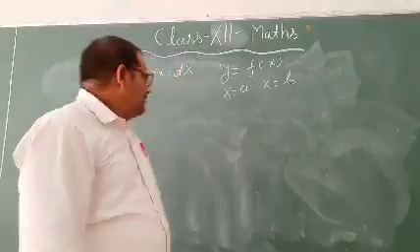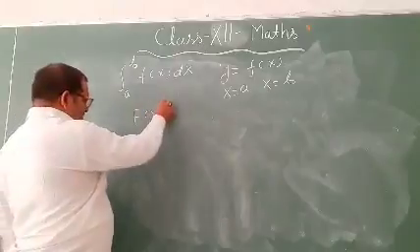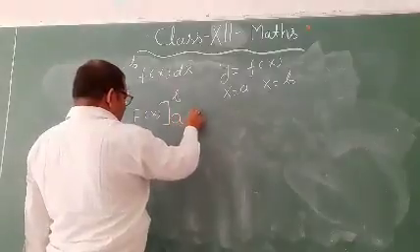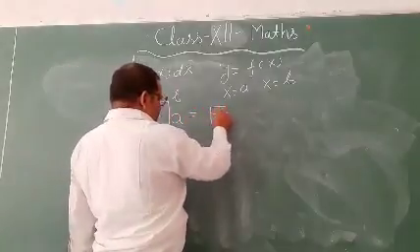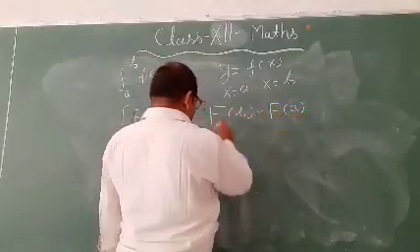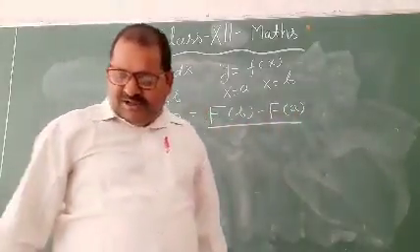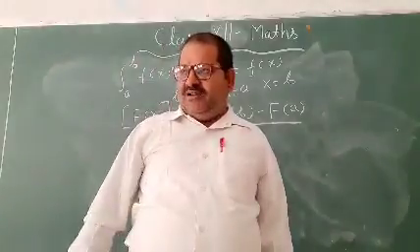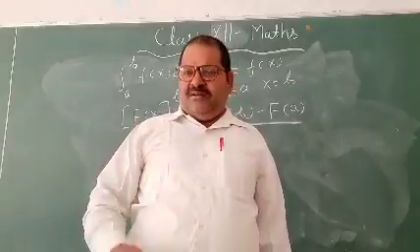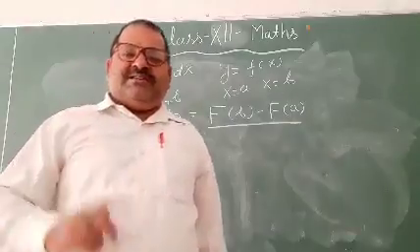So we integrate the function f(x) from a to b, that is equal to F(b) minus F(a). This is one way to find the area of the bounded region by the graph of the given function.